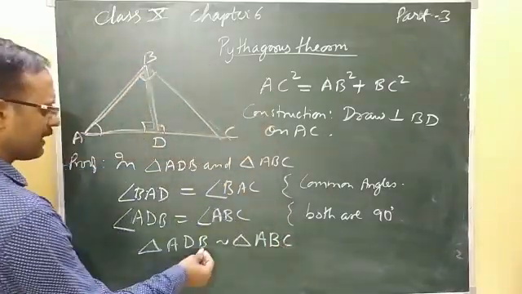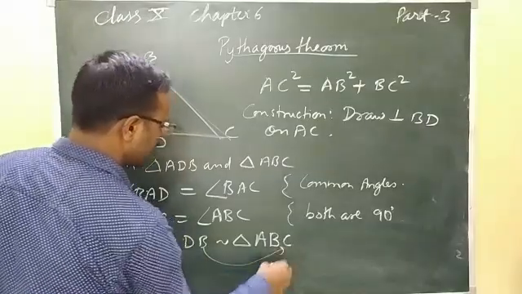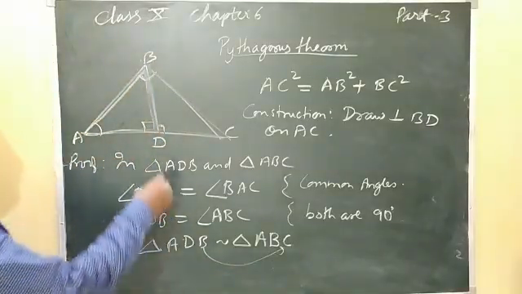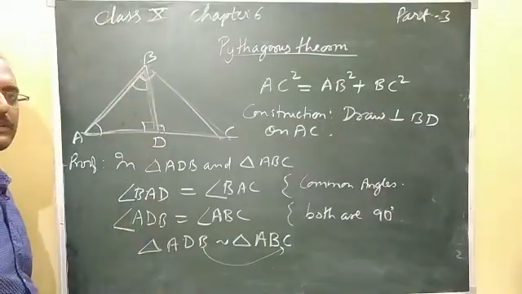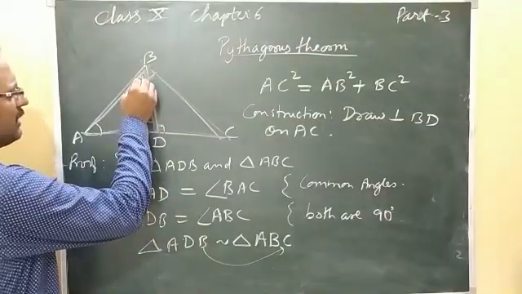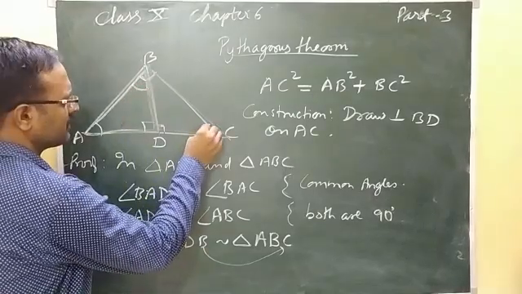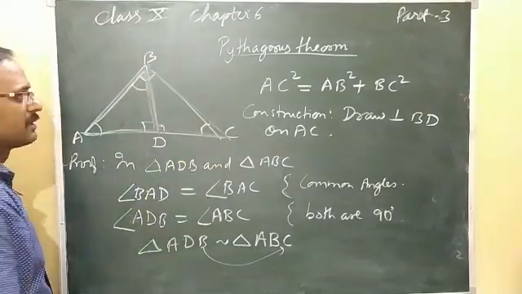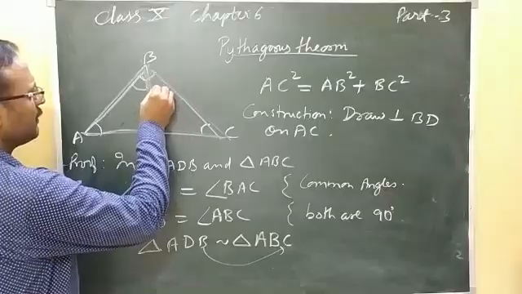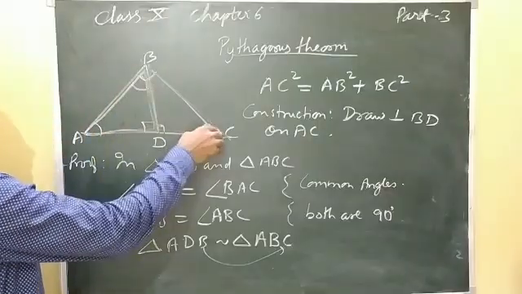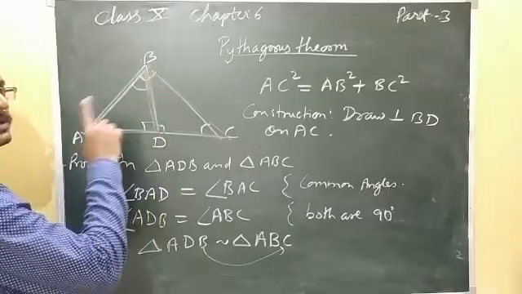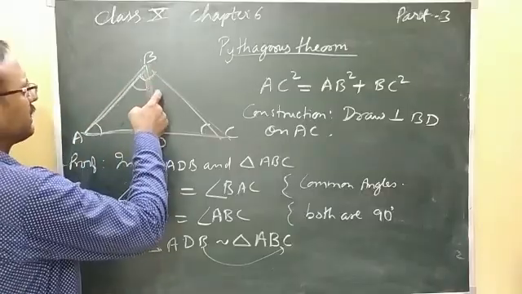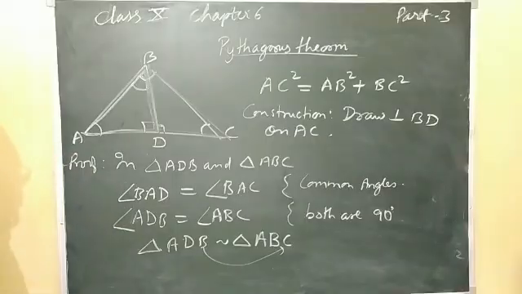So we can say that angle B will be equal to angle C. The angle B for the smaller triangle is this one, and this will always be equal to this angle. Similarly, this angle will be equal to this angle. If we take this triangle and the bigger triangle, then also the two triangles will be similar, and this angle will be equal to angle A.